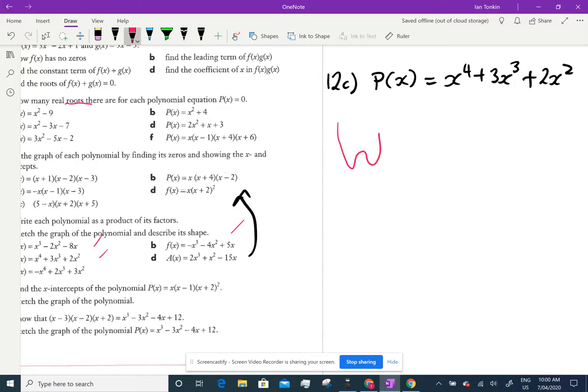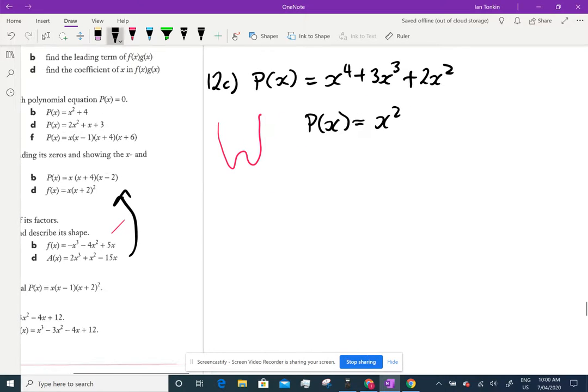Come down and go up. It may have two lumps, it may have one lump, I don't know yet. So I'm going to write it in factorised form. So P of x equals, I'm going to take x squared out, and I'm going to be left with x squared plus 3x plus 2.